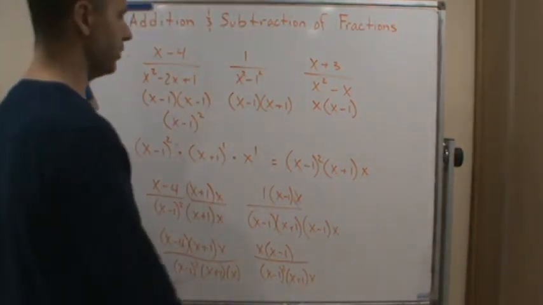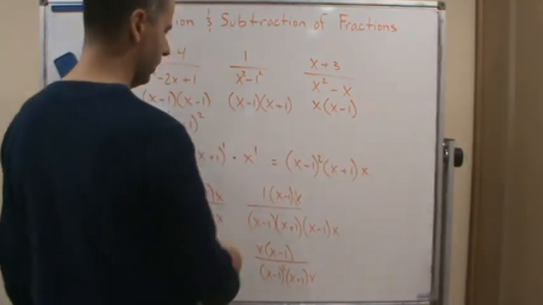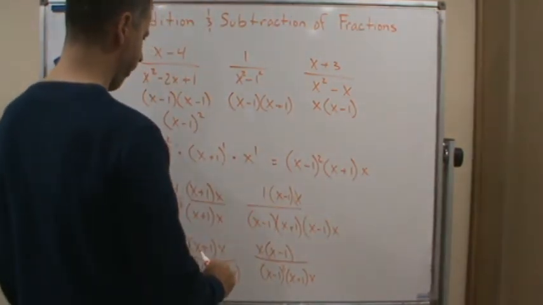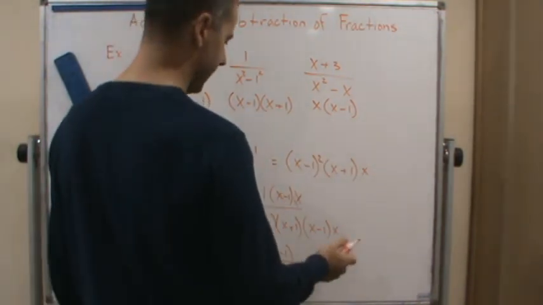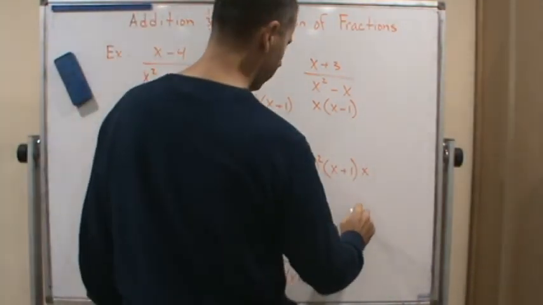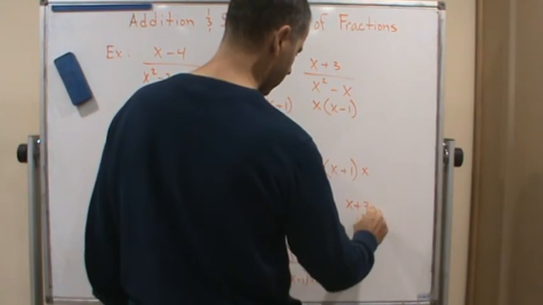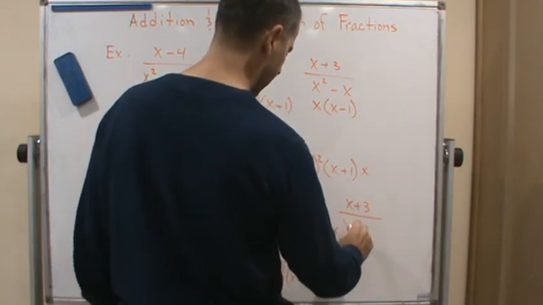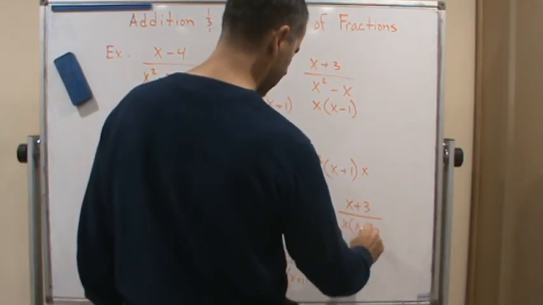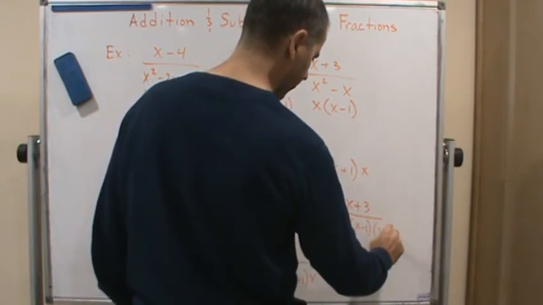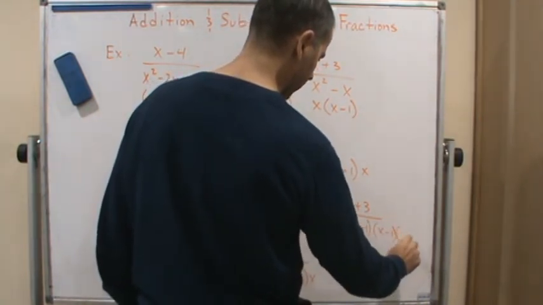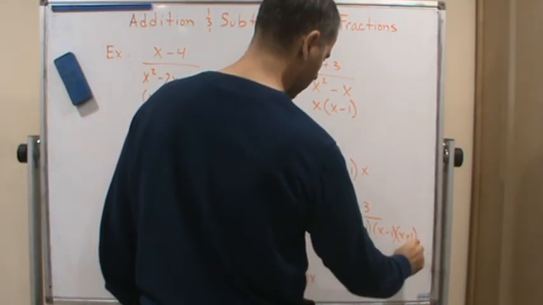And then finally, this one here, what am I missing? I'm missing an x minus 1 and an x plus 1. I've got x times x minus 1, and so I'm going to multiply the bottom by another x minus 1 and x plus 1.